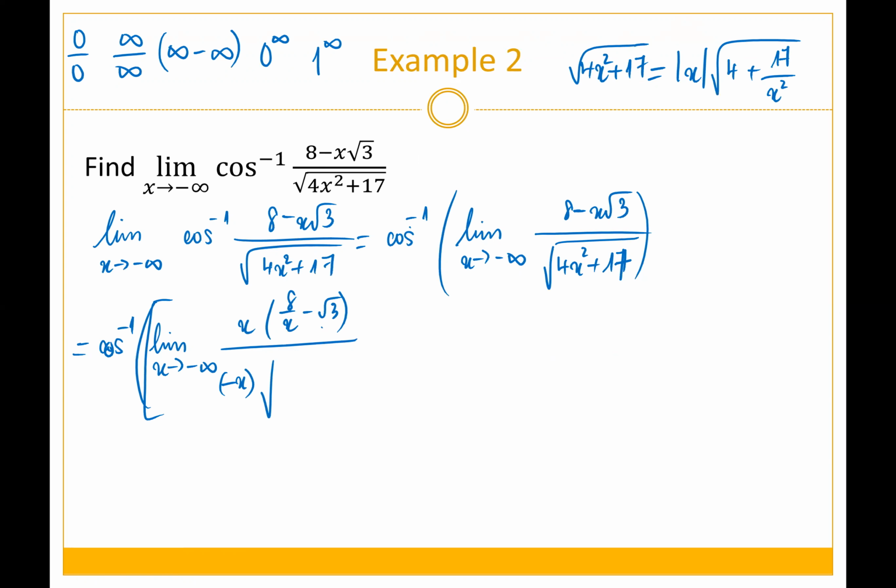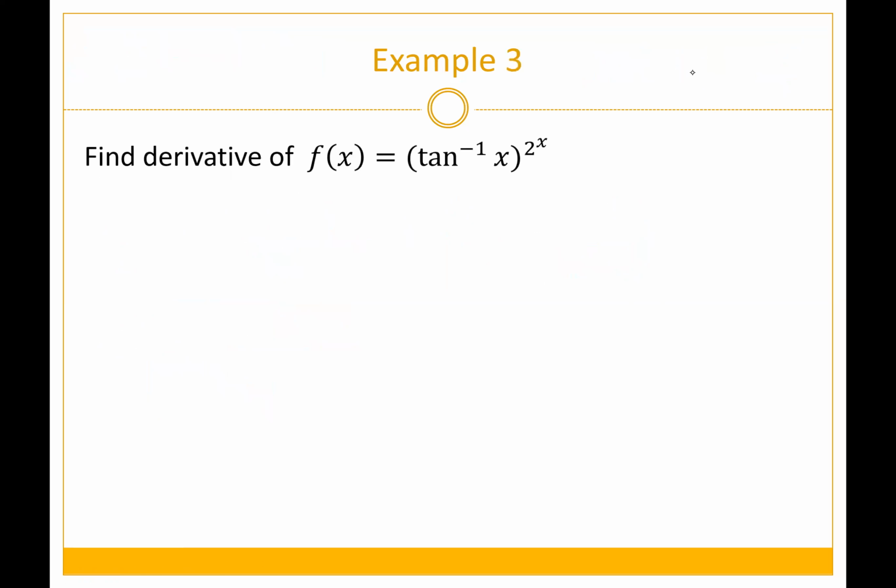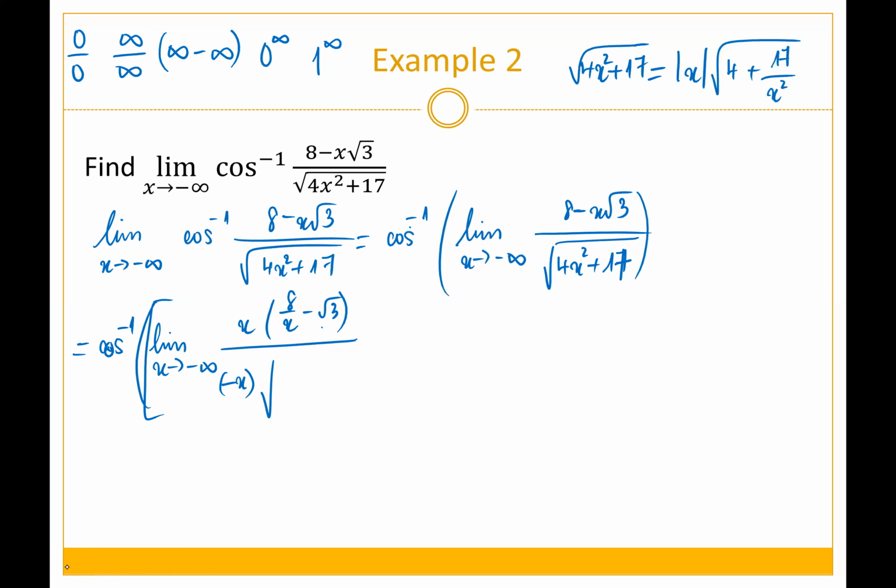The square root itself is a positive number. So we have to end up with something positive here, which is the absolute value of x. But if we keep the absolute value of x, it doesn't help us solve the problem. So since x is negative, the absolute value of x is going to equal negative x. So 4 plus 17 over x squared.